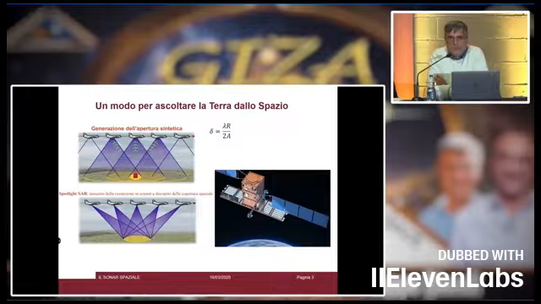Just to be clear, there are two other fundamental orbits, the intermediate orbit, where satellites are predominantly placed before and after the Van Allen belts, so around 14,000 kilometers and 18,000 kilometers. Why is it not advantageous to keep satellites in the Van Allen belts? Because they last less, and therefore you have to place them either before or after.